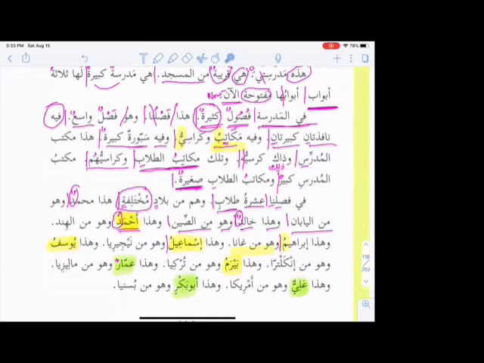Then it changes to Ammarun, normal. Aliyun, Abu Bakrin. Okay. So all foreign names that entered the Arabic language, I'm talking about names, they are diptote. Ibrahimu, Ismailu.